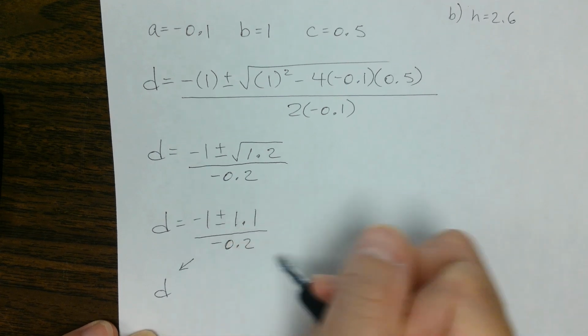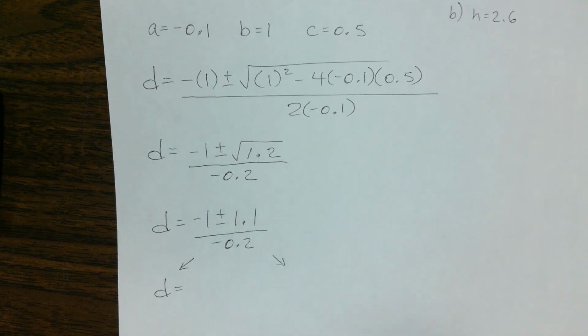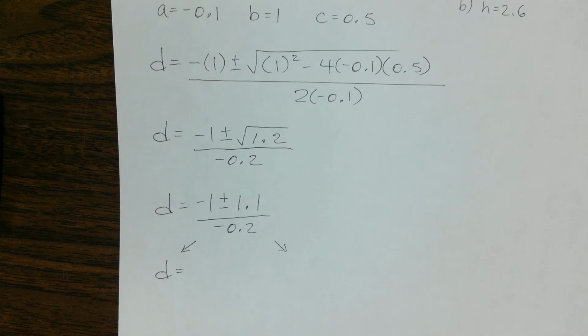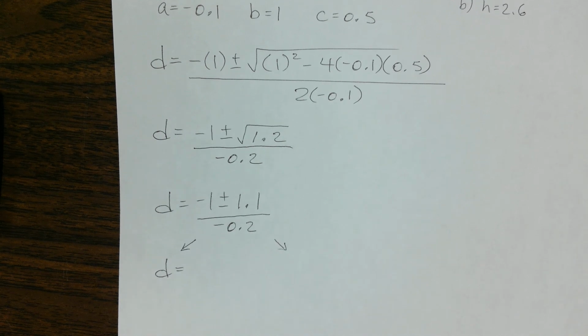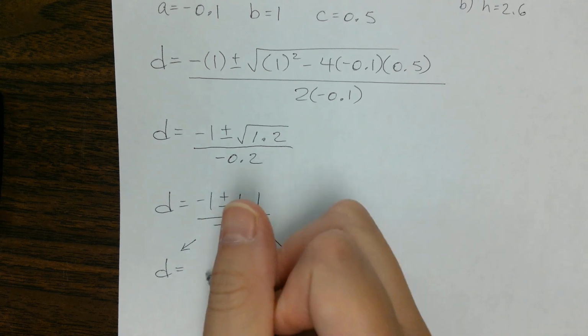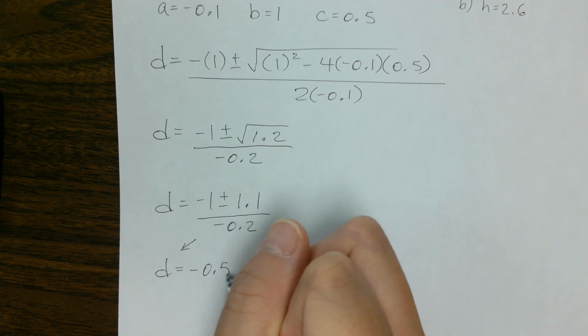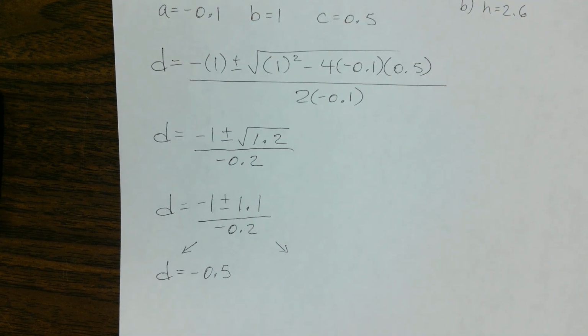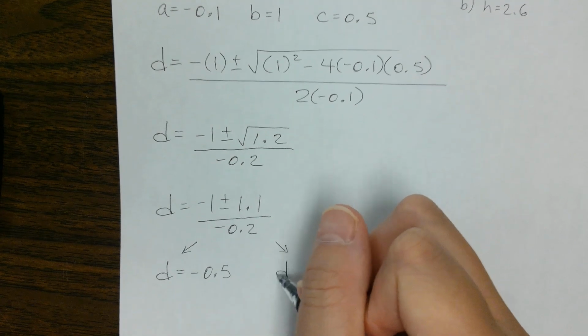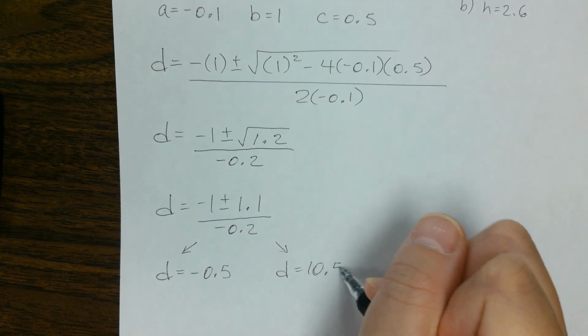So my two answers, D is negative 1 plus 1.1 divided by negative 0.2, you get negative 0.5. Okay, on the other side, negative 1 minus 1.1 divided by negative 0.2, you get 10.5. Okay.